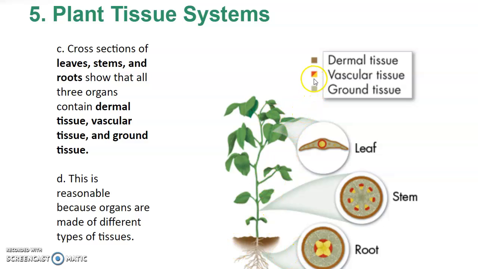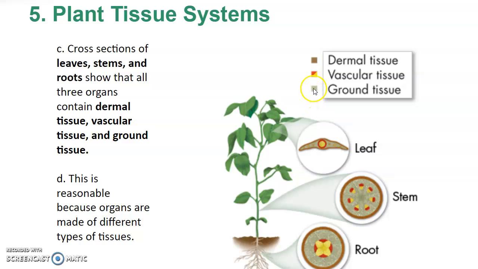There's also vascular tissue, which is red and yellow, and you can see this big ring of red and then little bits of yellow in circles here. It kind of looks like a piece of candy corn from Halloween. Red and yellow vascular tissue in the stem, and red and yellow vascular tissue in the root.